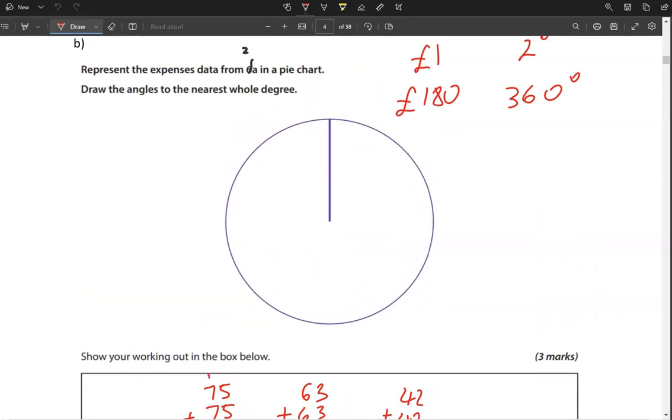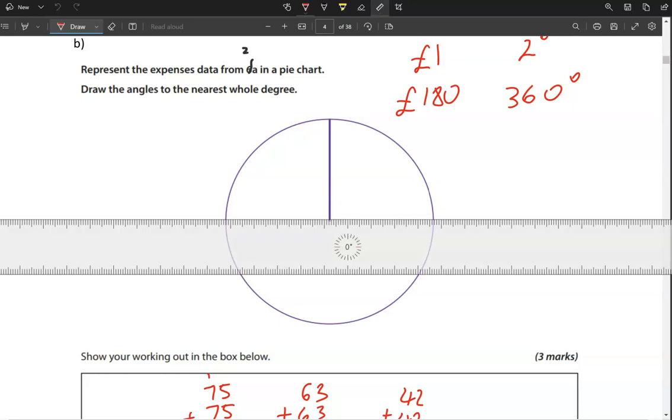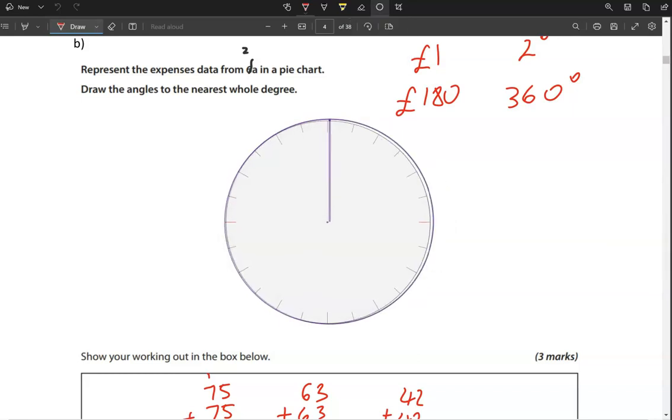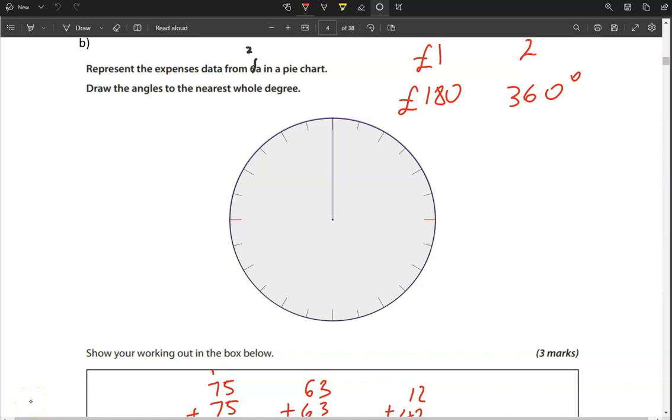We'll start with gas and electricity, but you could start with any of the three. Aligning the protractor, it's important that you start with the north, and it's very helpful that we've got the line already. So we'll start with gas and electricity, go from 0 to 150.